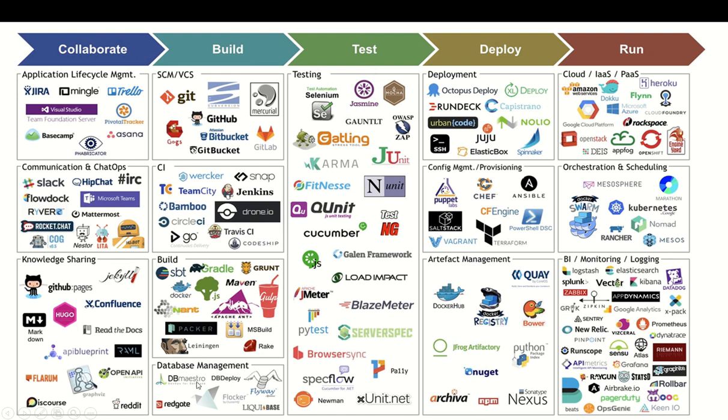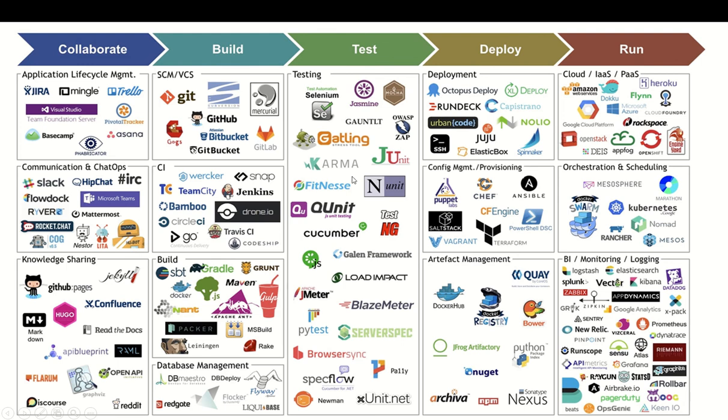Here they mentioned very few, but we have a lot of databases which we'll be using. This is for the build stage, and for the testing stage, we'll be using Selenium, Jasmine. Tons of tools are there, a few of which are free and a few paid.